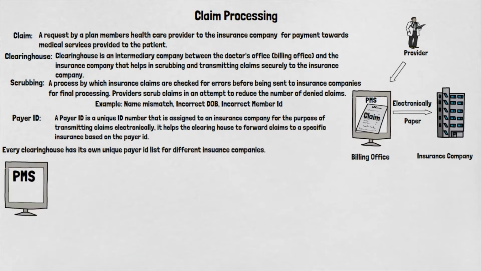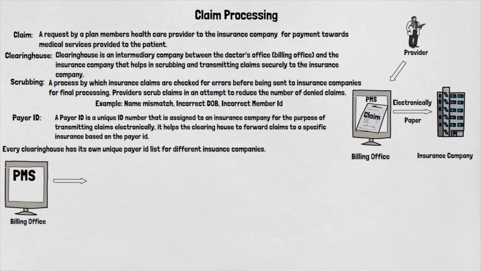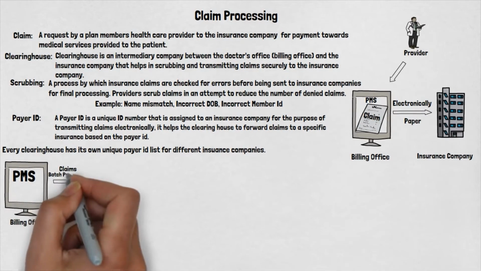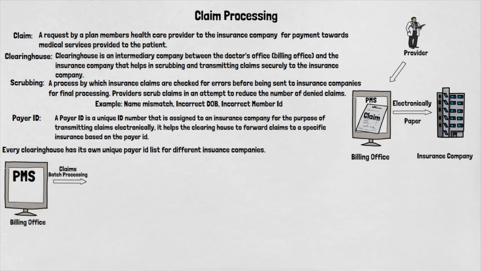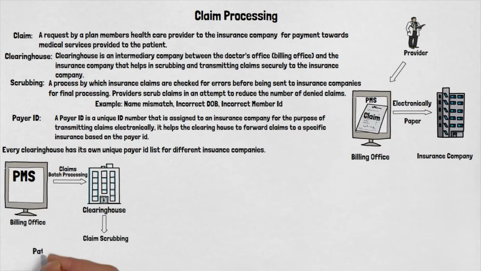Usually when claims are transmitted by the billing department, they are transmitted as a batch, and that's why it is known as batch processing. Once they reach the clearinghouse, the claims are then checked for errors, and this process is known as claim scrubbing, as discussed earlier.